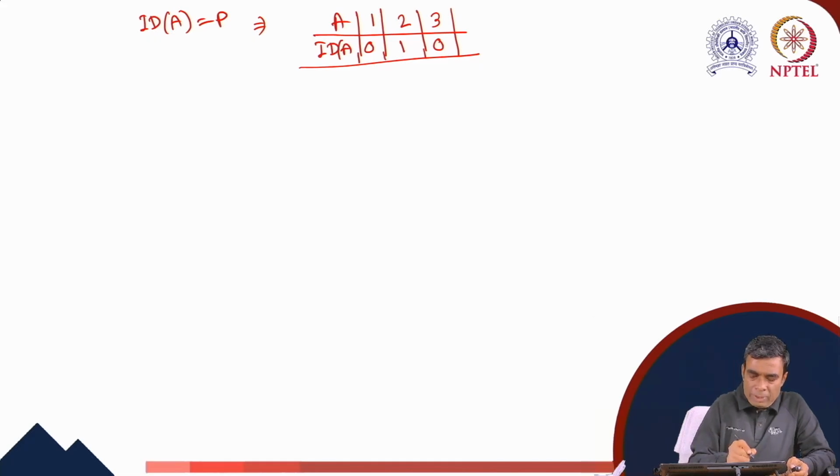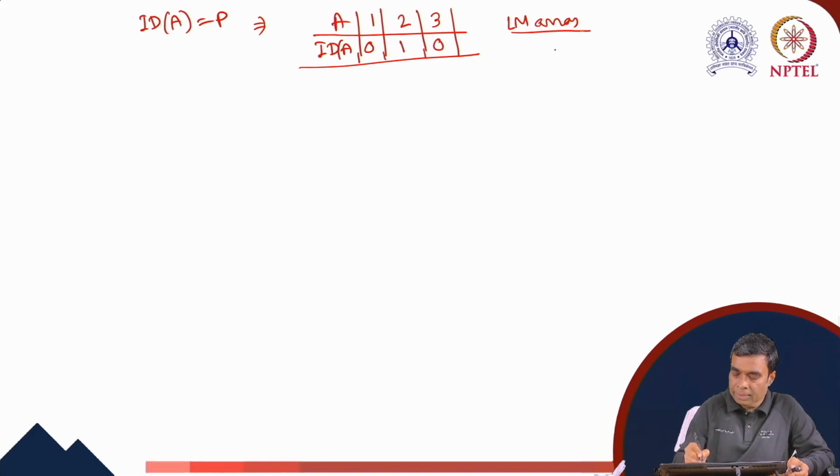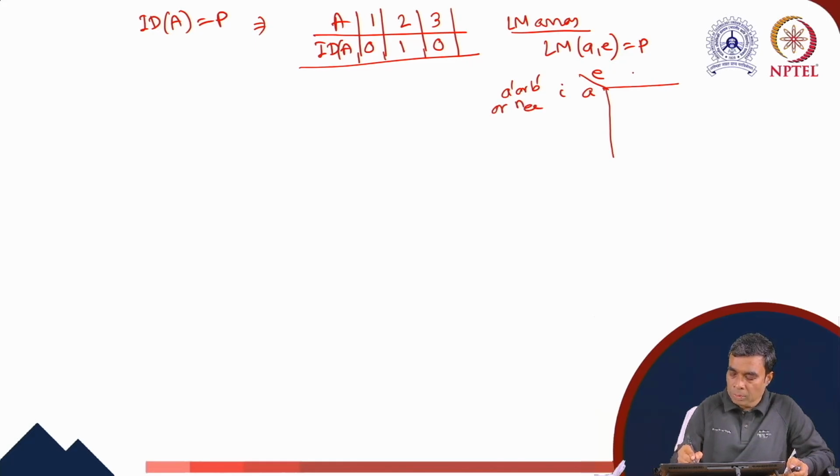Okay, and if we generate the LM array, we get LMAE equals P. So here, E, A, I, A prime or B prime or NEE. For element 1, our local nodes are 1, 2, 3. Our degrees of freedom per node is 1.